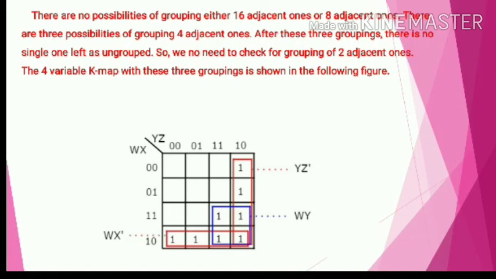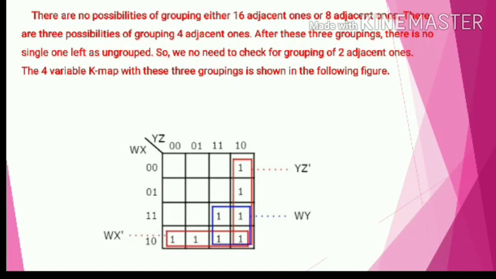The first possibility is w x', that is row 4, columns C1, C2, C3, C4 marked as 1. That is one possibility of grouping 4 ones. Simplifying this, you get w x'. Another possibility is y z', and another is w y.